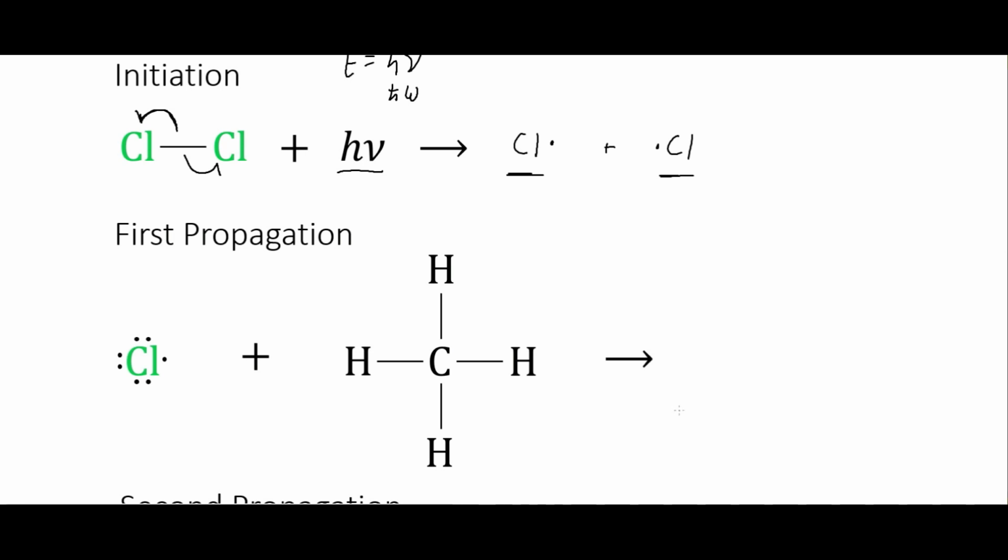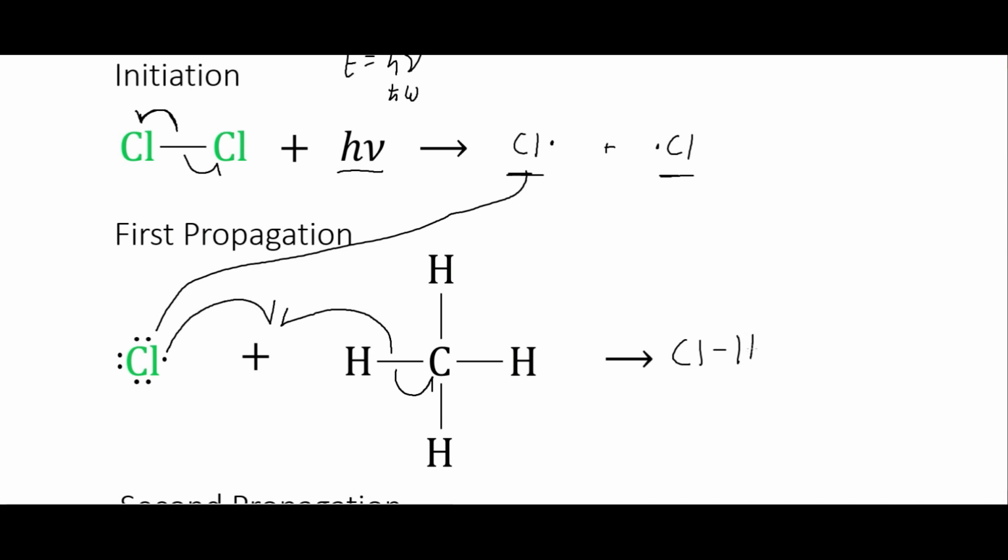And so we take one of these chlorines here, so we could bring it down here. Now we take this one electron here, we do a single arrow there, we take this here, we do a single arrow there, then we can do that with a single arrow there. And so what we end up with is Cl to a hydrogen.